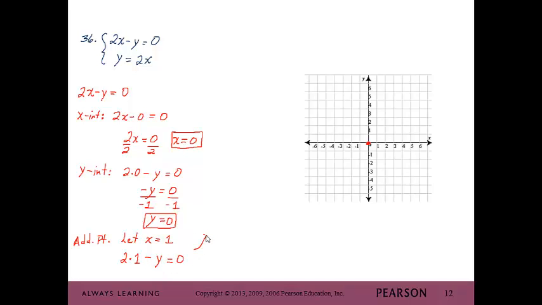So now I'm going to move this up over here, which means we're going to have 2 minus y equals 0. I'm going to go ahead and add y to both sides. And we end up with y equals 2. So the other point would be 1, 2. So let's plot the 1, 2. Now we have 2 points, so let's connect them to make a line.